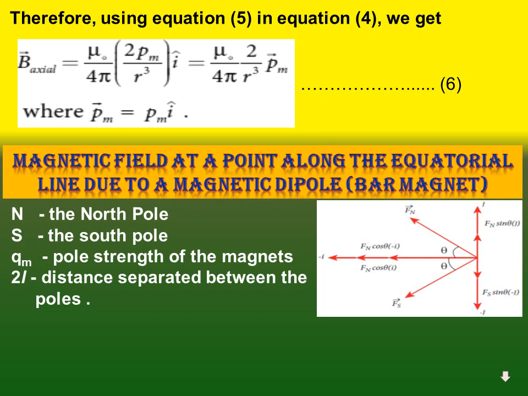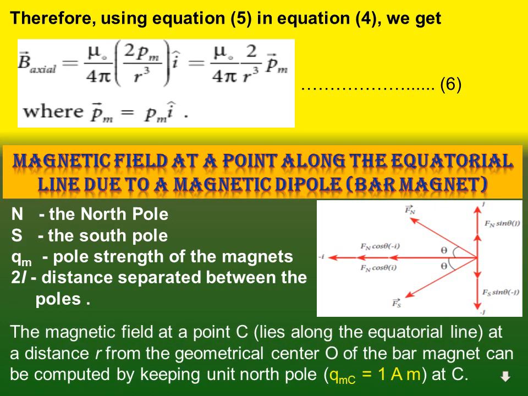Let N be the north pole and S be the south pole of a bar magnet, each with pole strength Qm and separated by a distance 2L. Now, the magnetic field at a point C, which lies along the equatorial line at a distance r from the geometrical center O of the bar magnet, can be computed by keeping a unit north pole, that means Qm at C is equal to 1 A-m.